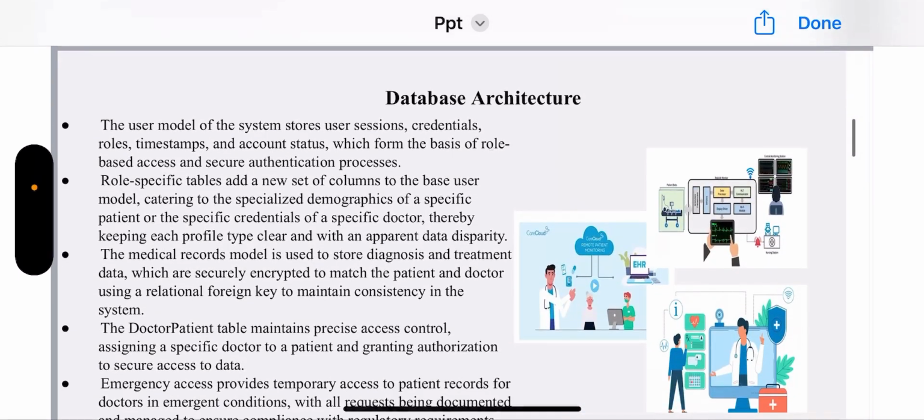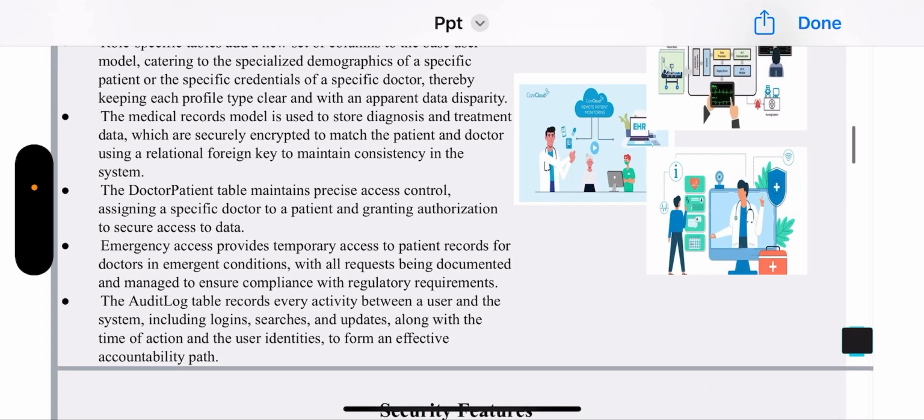It is also a database architecture where the data is shared between the patient, doctor, nurse, and all the roles in the hospital. Whatever role they have and whatever data they require, they can get it from the system. They get the information from the database.